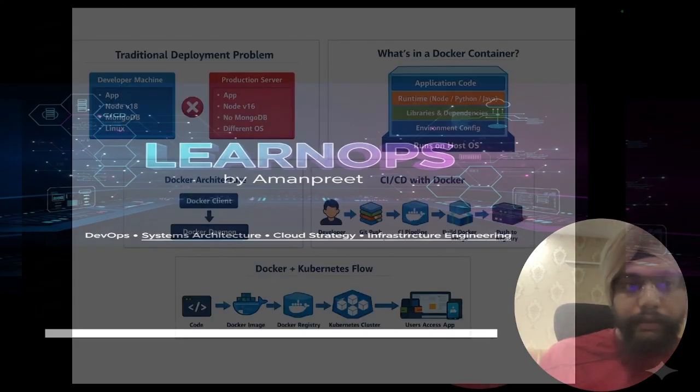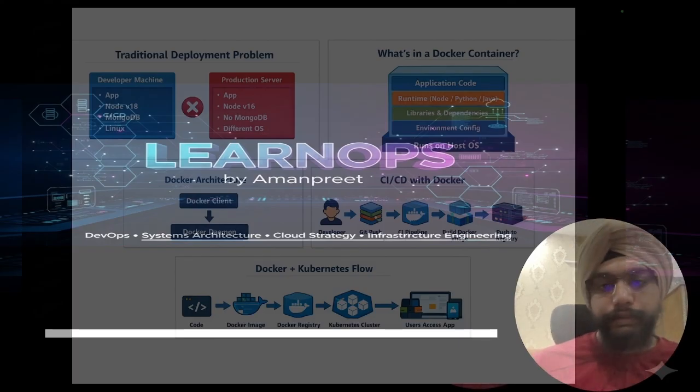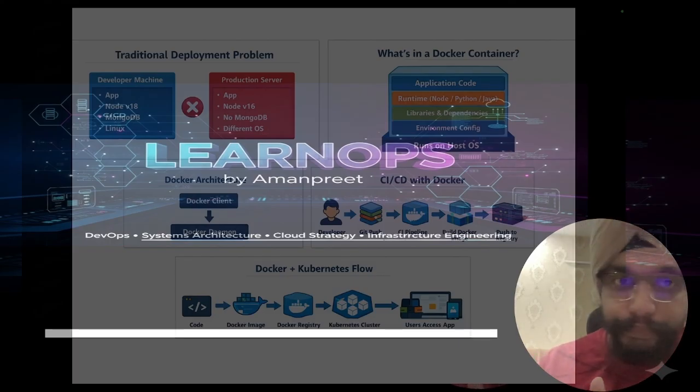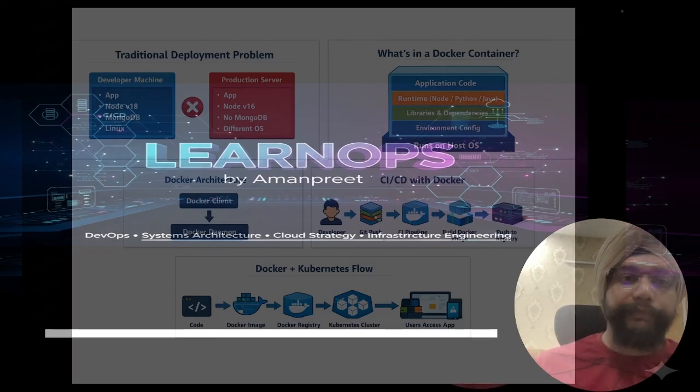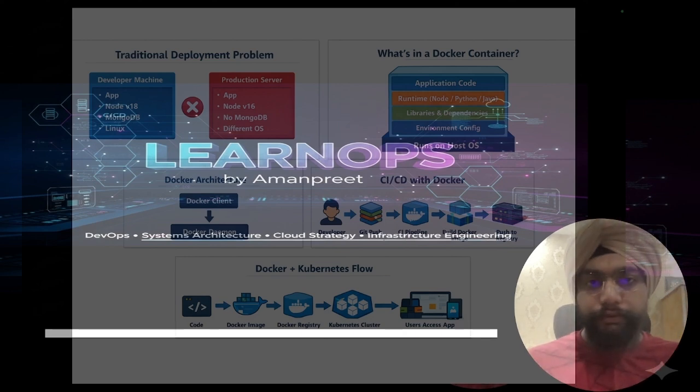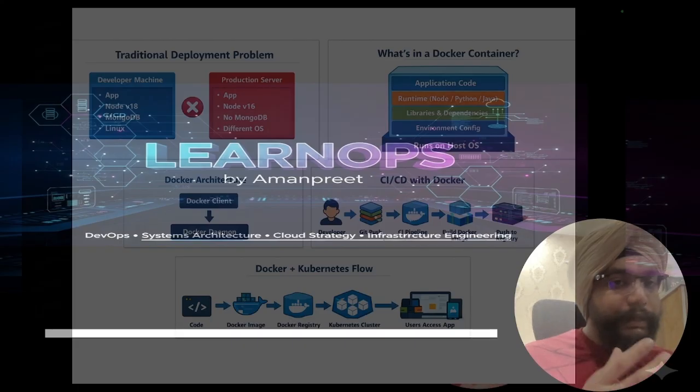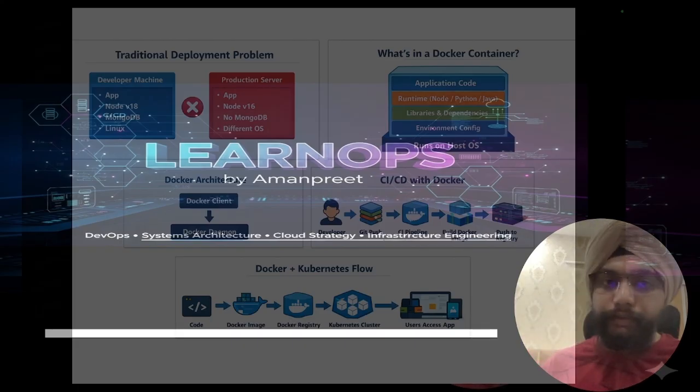Next is why the traditional method fails, and Docker came into the picture. The traditional method fails because the developer machine, like this machine, your Mac OS, your Windows, your Linux, that is your local machine, your local workspace, is different from your production server.